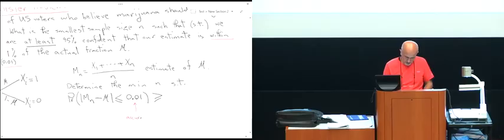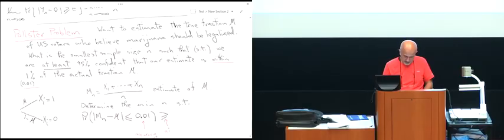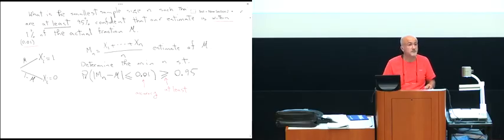And we want to be able to say this with what confidence? At least what? 95%. The actual total fraction, 1.